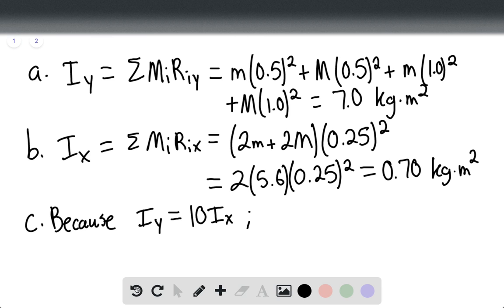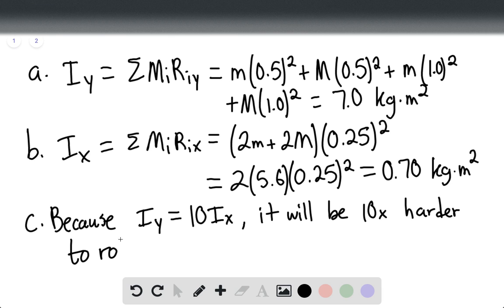So essentially, because of this, it will be 10 times harder to rotate about the y-axis. So that's essentially what the moment of inertia means.